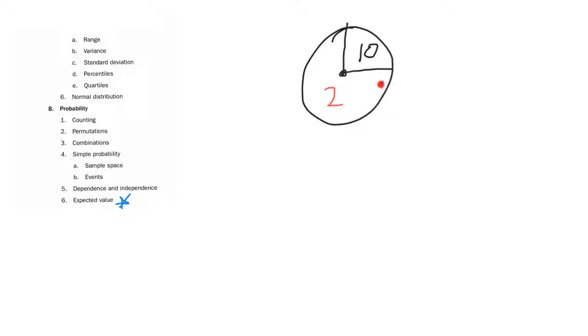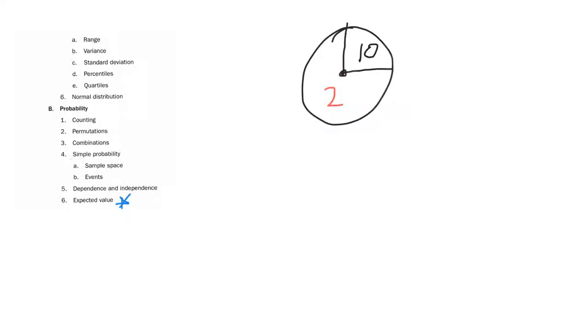And imagine you wanted to know, well, there's a relatively small chance that I'm going to get 10 points. There's a big chance I'm going to get 2 points when the wheel is spun. So what would be my average amount of points per spin over time?